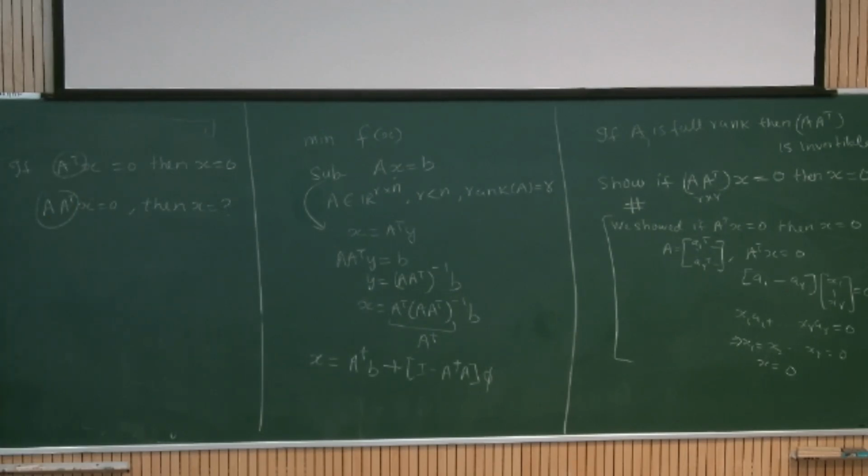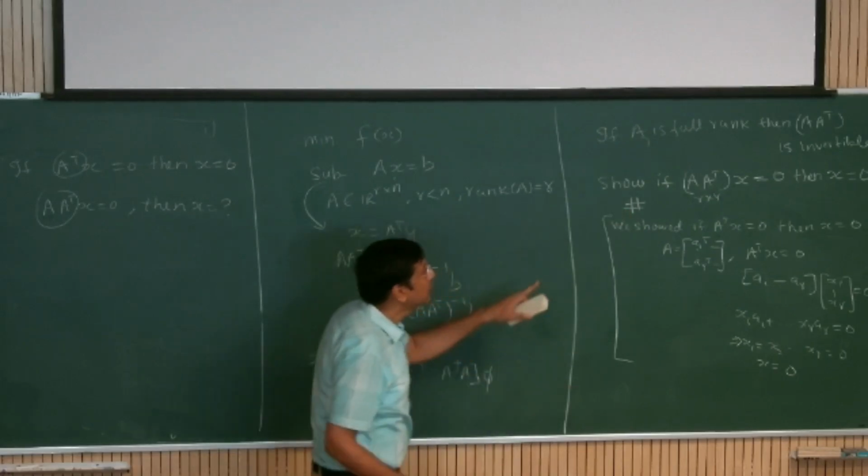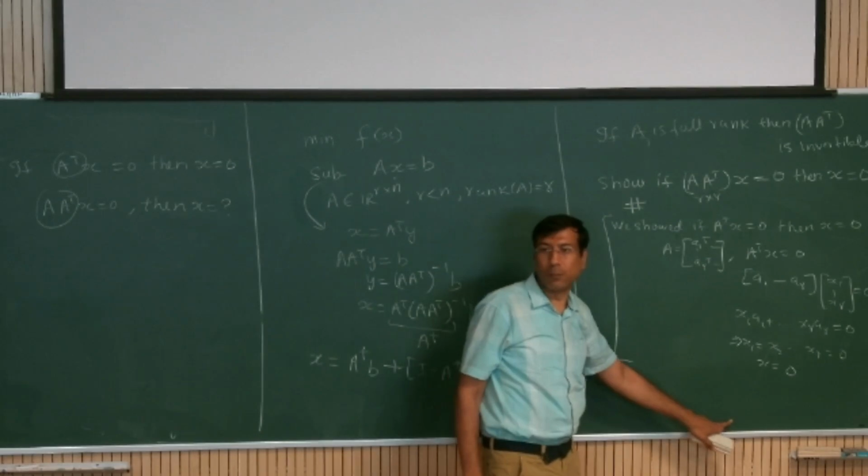Earlier it was this. Now if you start with this and try to prove it, it will not be proved. Are you getting, everybody? Yes or no? So there was a missing step here which I am going to highlight today. So we'll start from this step and come to this step, and then the rest of it you know.